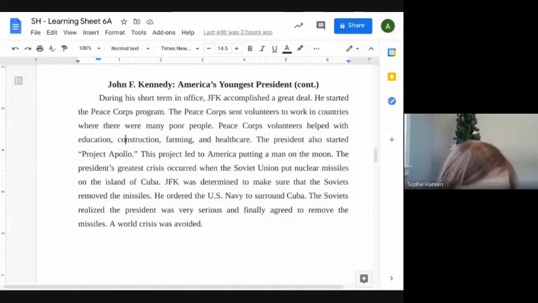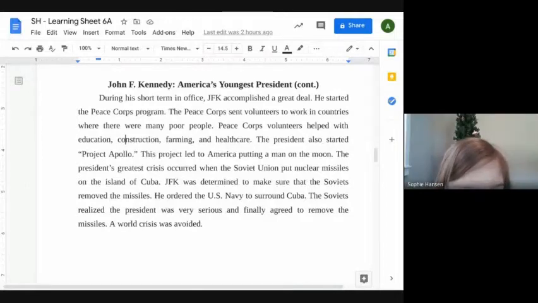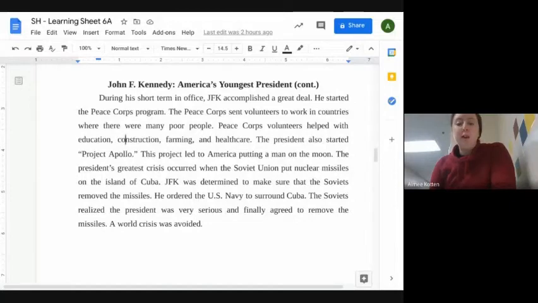Apollo. This project led to America putting a man on the moon.